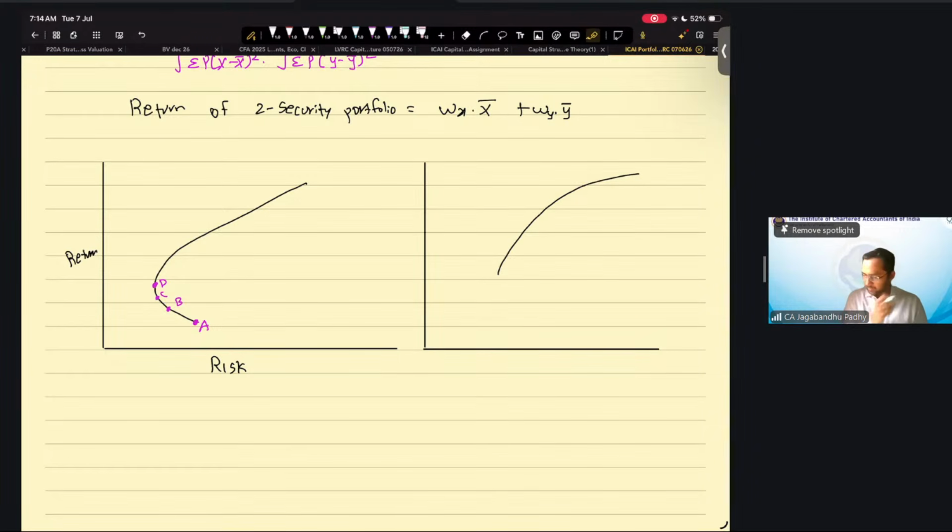Yep. This is called the efficiency frontier. It's called the efficiency frontier because this is the frontier. This is a collection of all the portfolios which are efficient.